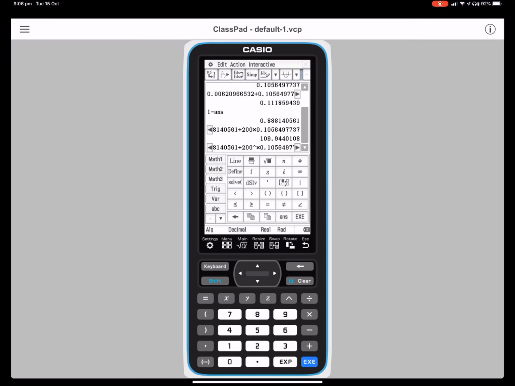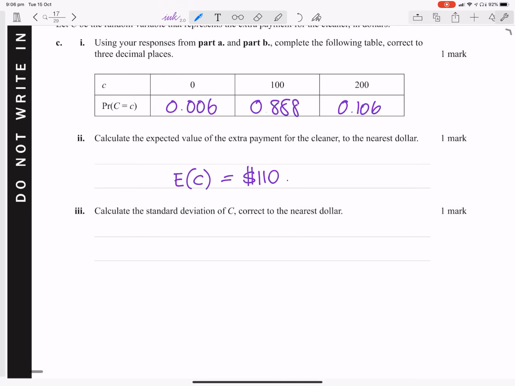So 200 squared, 100 squared. So E of x squared minus E of x all squared, and then square rooted, 31.93. Standard deviation of C is $32.